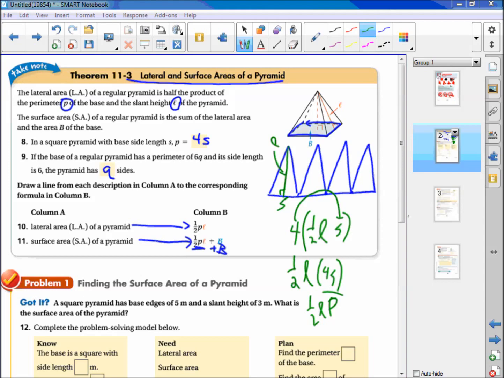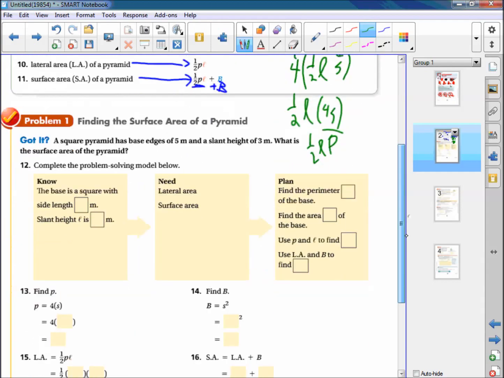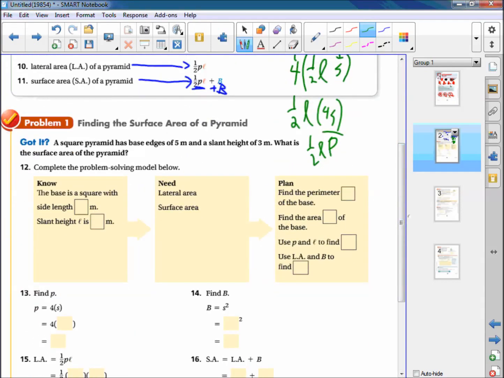All right. So problem number 1. A square pyramid has a base edge of 5 meters and a slant height of 3. What is the surface area of the pyramid? So what do we know? Well, the base is a square and each side is 5, and we know the slant height is 3. And what do we need? Well, we need to find the lateral area and the surface area.